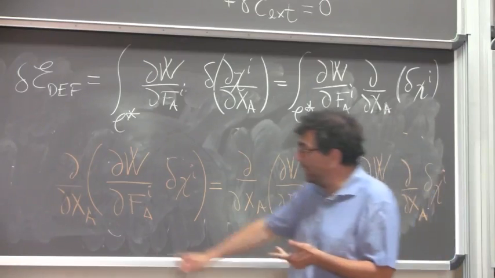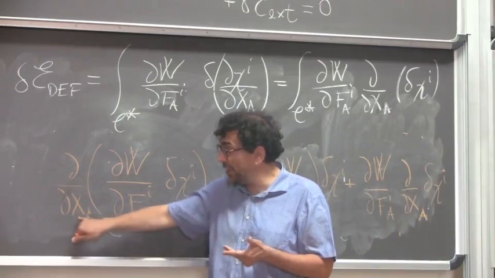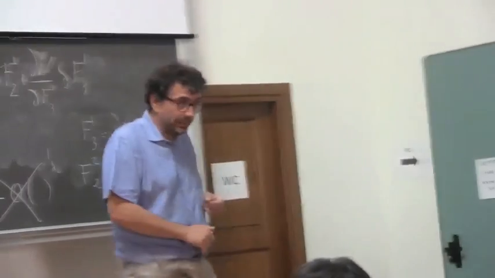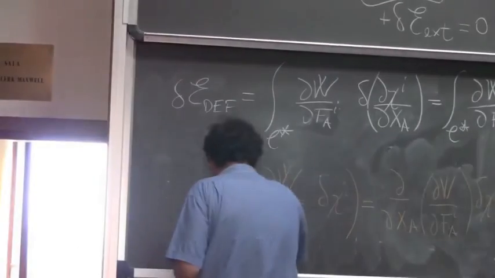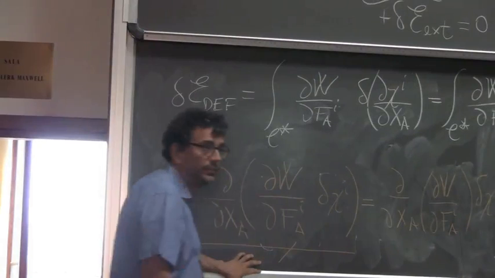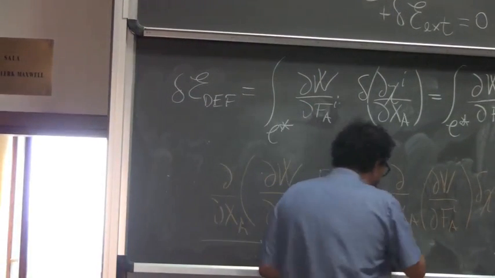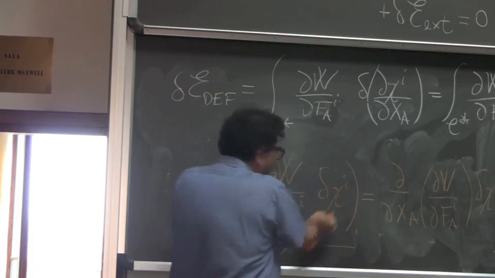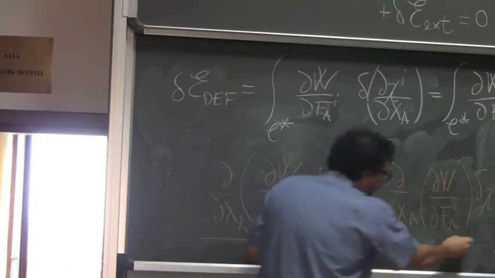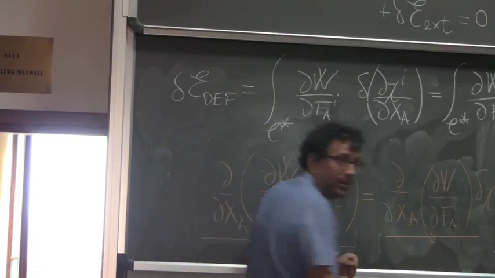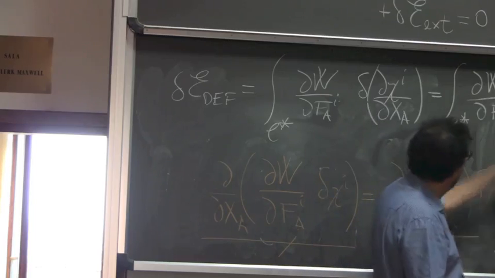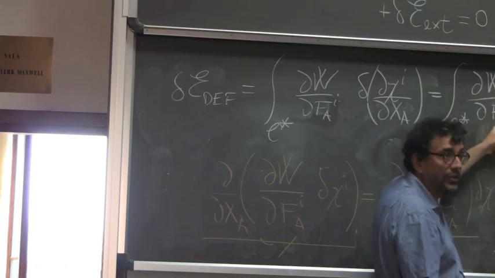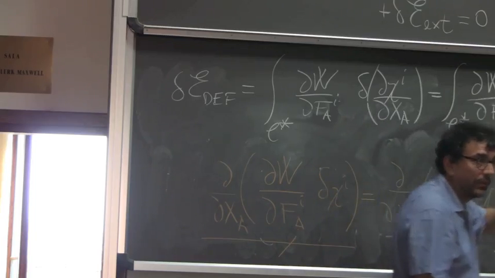So I need to write the partial derivative with respect to xa. Okay? So this is the divergence of all these elements. This is the divergence of only this element here times delta qi. And this is exactly what we have in the first relation of it. Okay?